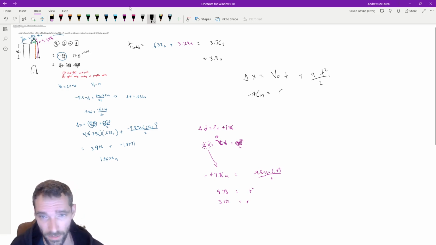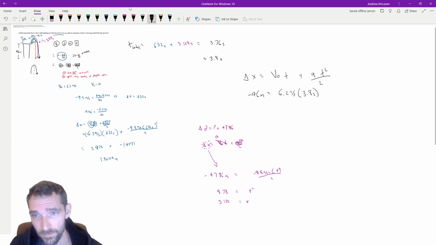It had an initial velocity of 6.2 meters per second, and we're saying this is 3.8 seconds for how long this would take. This acceleration, do not forget the negative. That would be an easy mistake to make, but one that's going to be like a critical fail for you D&D nerds, right?